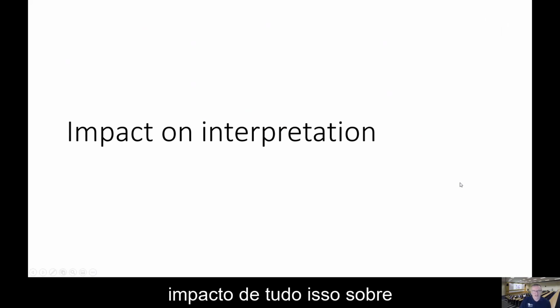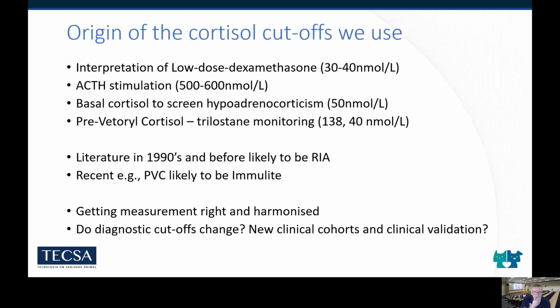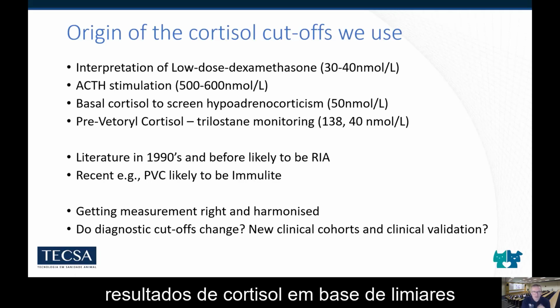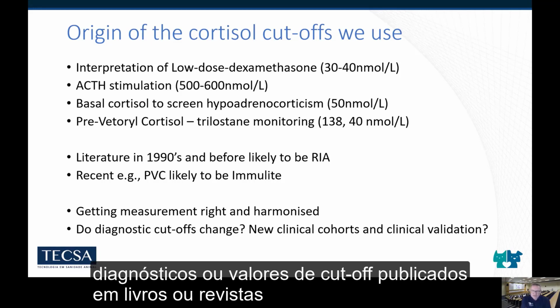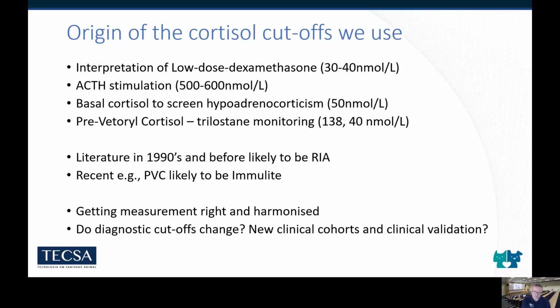So what impact does all this have on how we interpret our results? And I've mentioned before that often we interpret cortisol results based on some diagnostic threshold or diagnostic cutoff value that we find in textbooks, or we find it in journal articles.